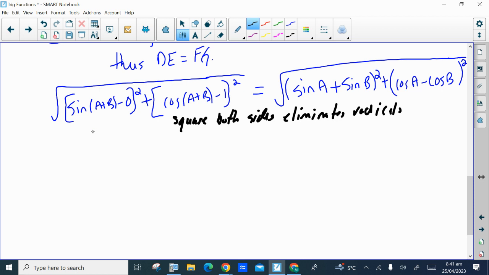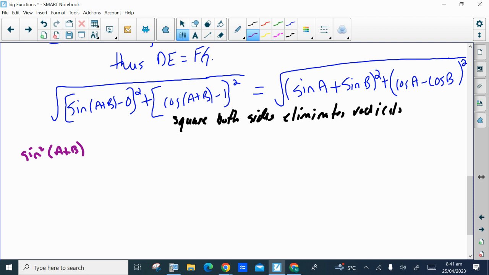So this first term, sine of a plus b, take away 0, is just sine of a plus b, and that needs to be squared. So that'll be sine squared a plus b. The second term that's all squared is a binomial. Cos of a plus b is your first term, minus 1 is your second term, so we need to square that.